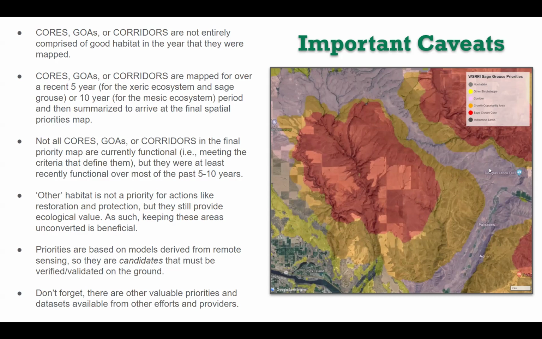Another really important thing to remember is that these spatial priority models and the data that forms them, it's a lot of remote sensing data, they're models. Models have error, right? And so the whole point of this exercise is to draw your attention to places in the landscape where we think something might be going on. There might be really good habitat worth protecting.